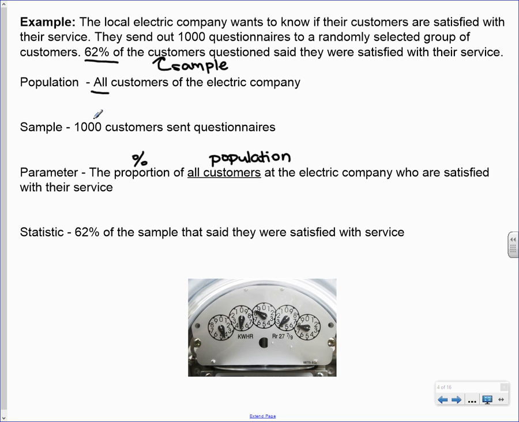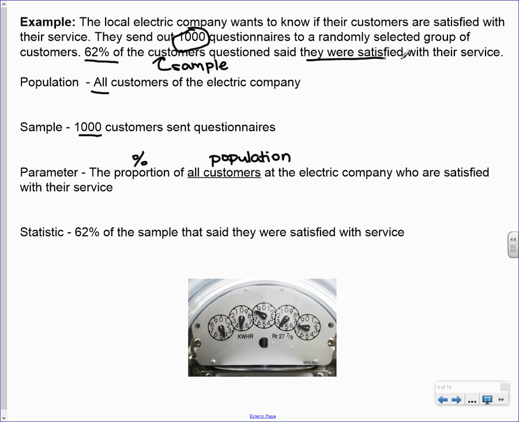The sample is usually the number. So here it says they send out 1,000 questionnaires. We're going to assume that they get all 1,000 of those back, which doesn't usually happen, but let's just pretend like it's a perfect world and everybody sends back their questionnaire. So the sample would be about 1,000 customers. The parameter is the proportion of all customers, which is our population, who are satisfied with their service, right?